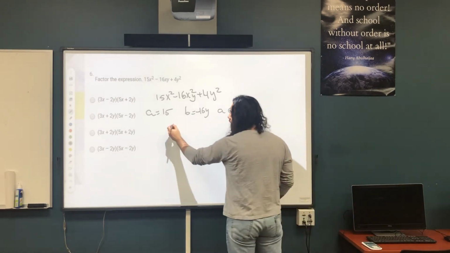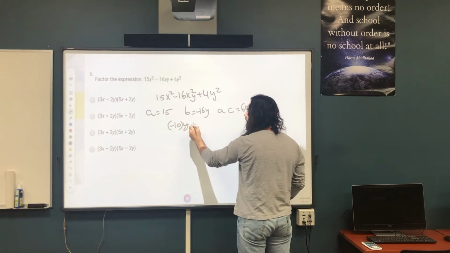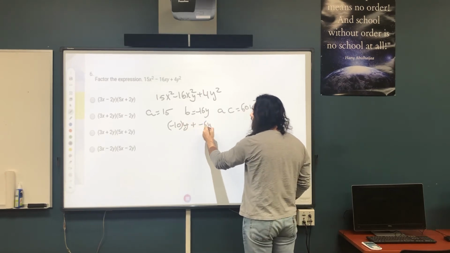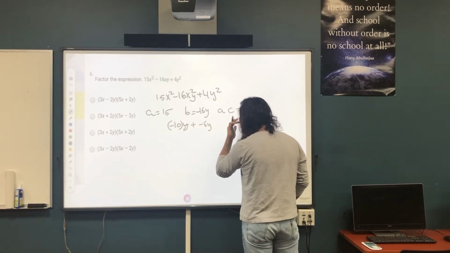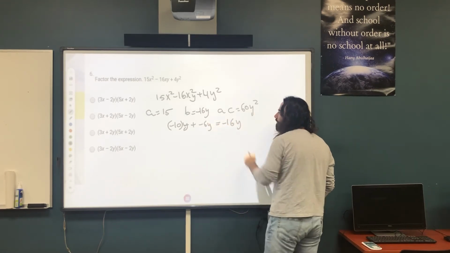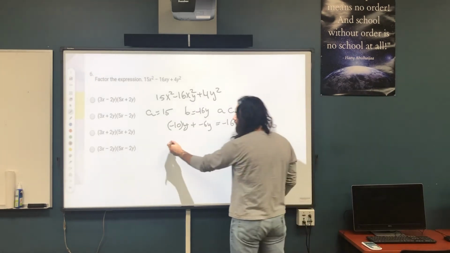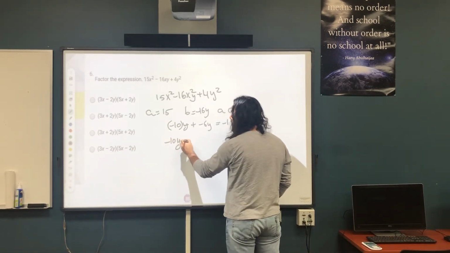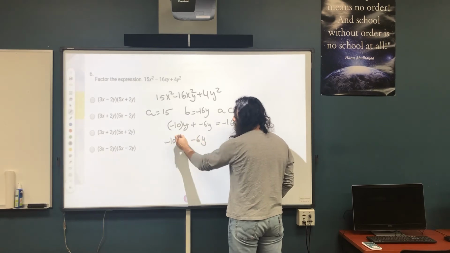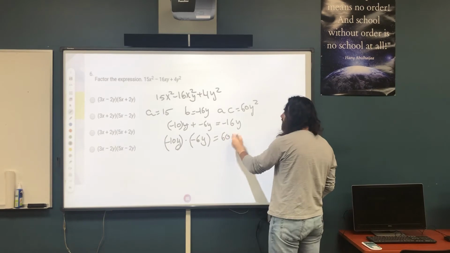So the two numbers are negative 10y plus negative 6y, which is going to be negative 16y. And if you multiply negative 10y times negative 6y, it's going to be 60y squared.